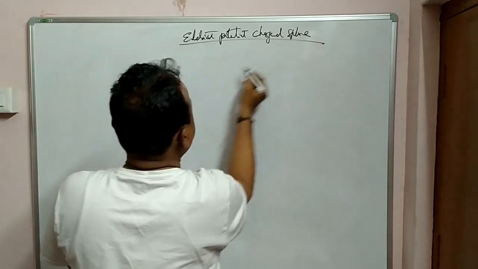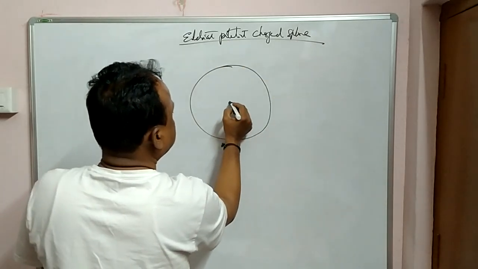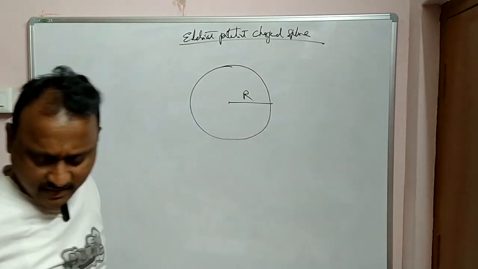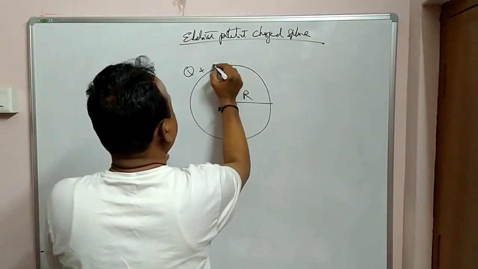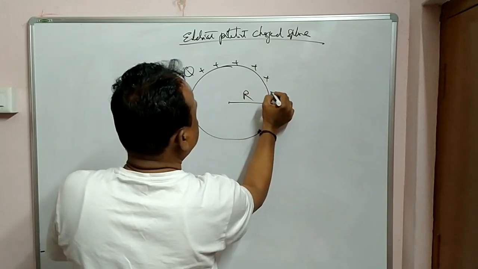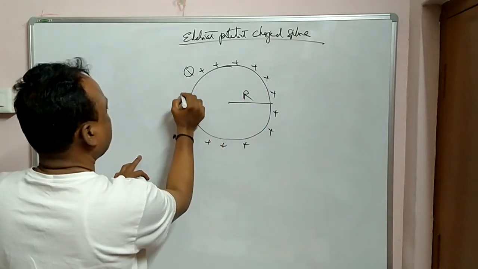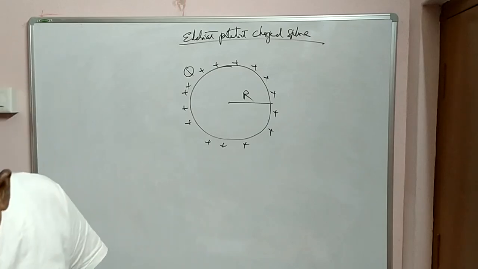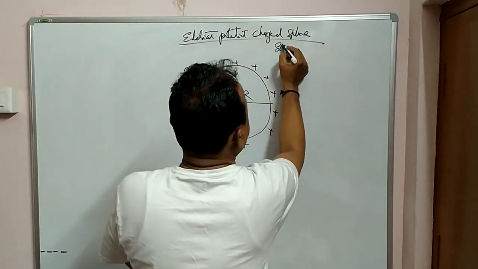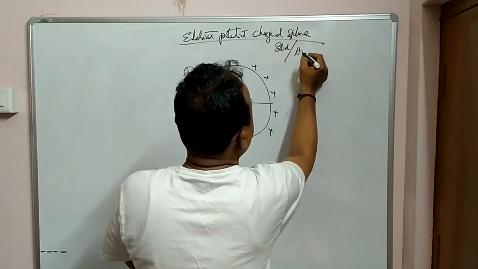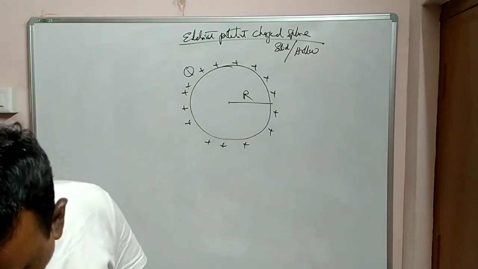For example, this sphere is there, this is the center, this is the radius R, and suppose Q is the charge of the sphere. It may be solid or hollow or a shell. It can be solid, it can be hollow.